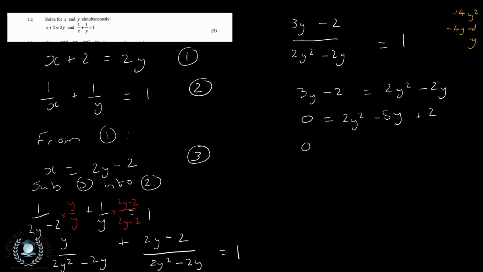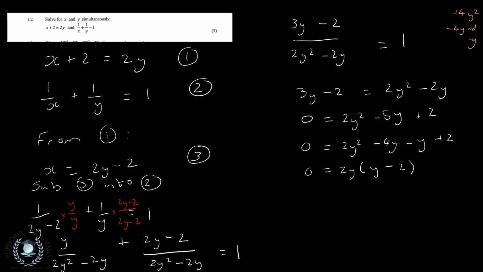So let's do that. I'm just going to replace this minus 5y by the minus 4y and the minus y, and that will give us 2y squared minus 4y minus y plus 2, and from there it's easy to factorize. We're going to take out a common 2y here, and we see that we have a y minus 2.